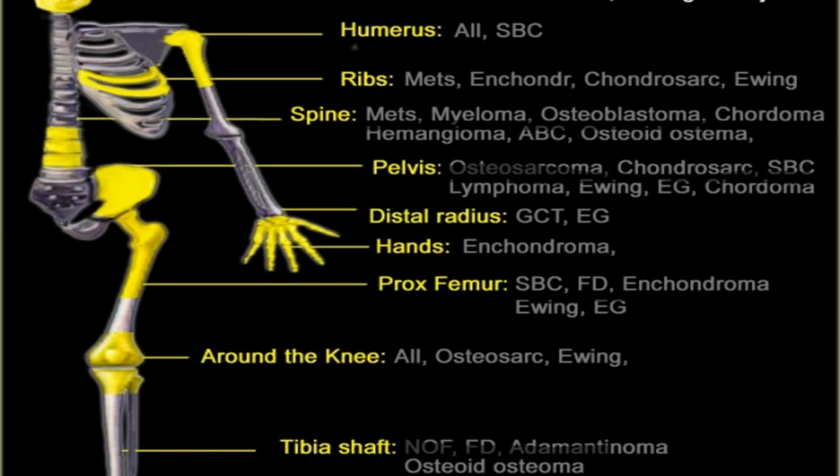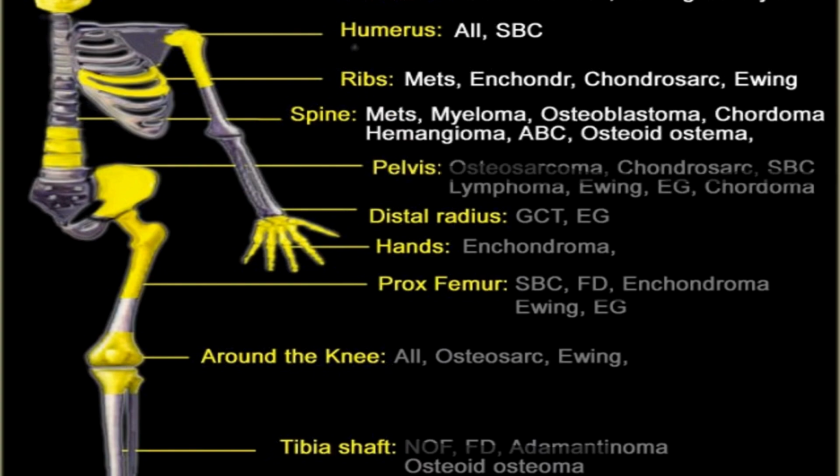In mandible, adamantinoma and dentogenic cysts are common, whereas in humerus, all kinds of bone tumor can occur, but simple bone cyst has more predilection for humerus than other bones. In ribs: metastasis, enchondroma, chondrosarcoma and Ewing sarcoma.